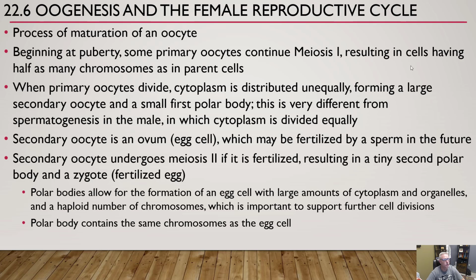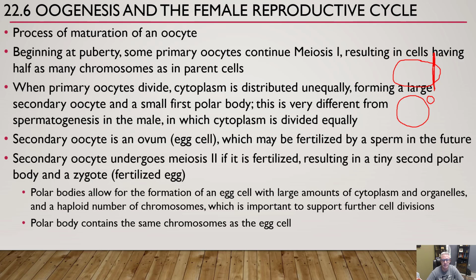on the other. So let's say that this is your parent cell. When we have cytokinesis, let's say that cell is going to split like this, so that we're going to have two different cells. One cell that's this big and one cell that is this big. That's different from spermatogenesis, where the cytoplasm is going to divide equally and we're going to have two cells that essentially look the same.